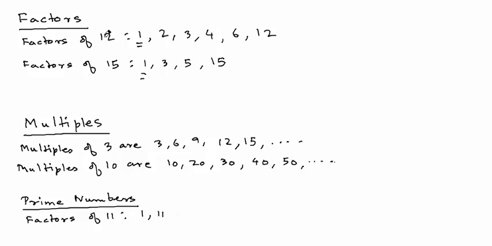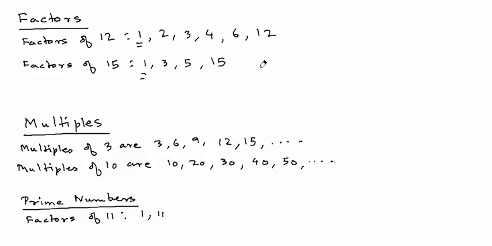But if you look at 15, 12, the list is more than that. Factors of 12 are 1, 12, and a few more. Numbers like 11, and there's a whole bunch of other numbers like 5, 7, 11, 13, 17. Such numbers, that have got only two factors, 1 and itself, are called prime numbers.